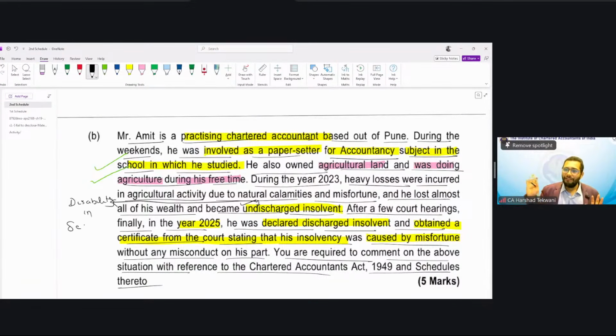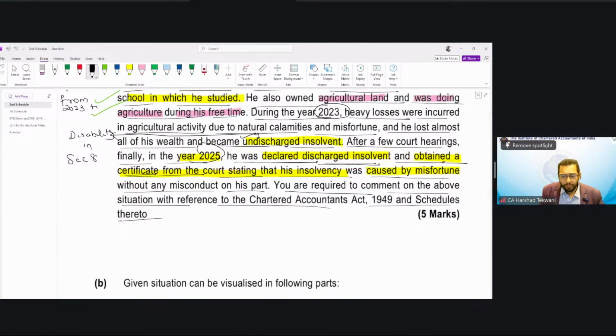So after 2025, fine, there is no disability, but there is a disability from 2023 to 2025, which he did not report. As a result, section 8, professional misconduct, plus clause 1, part 2 of the second schedule.